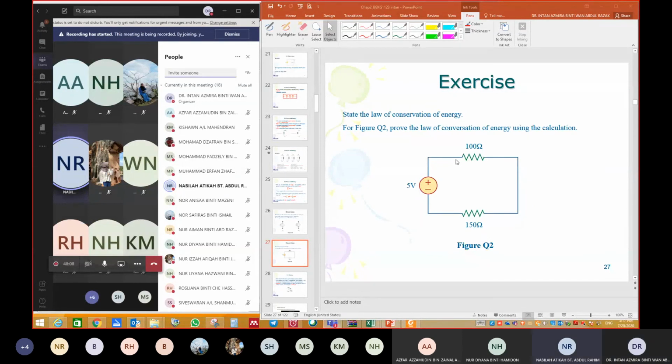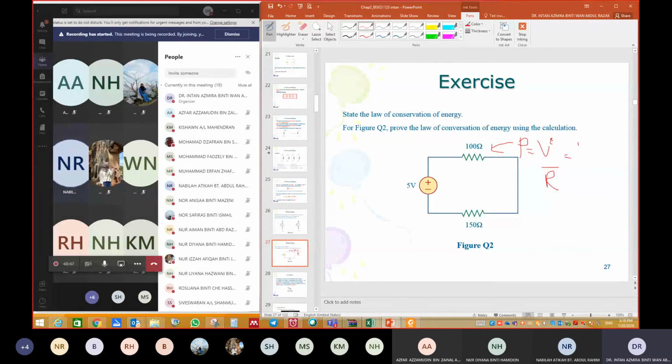V square over R. Let's say V square over R. So what is the V of 100 ohm? I just use the 5 volt. So the power here is V square over R, so 5 squared divided by 100.